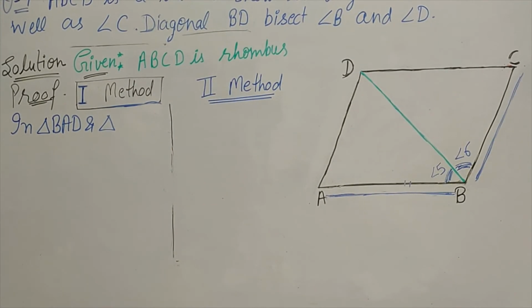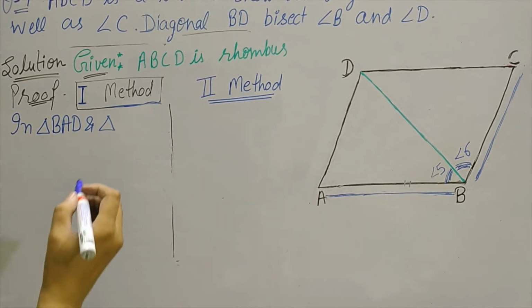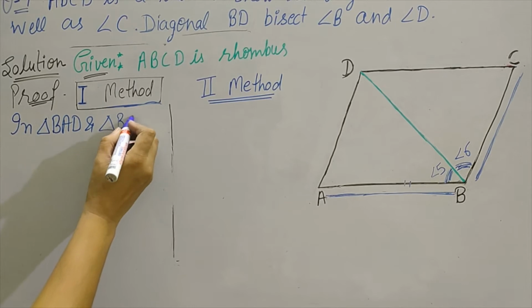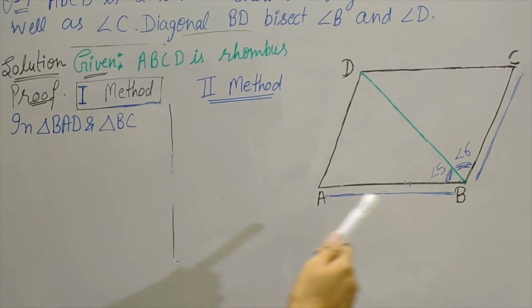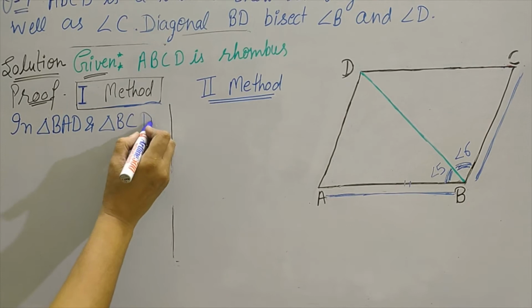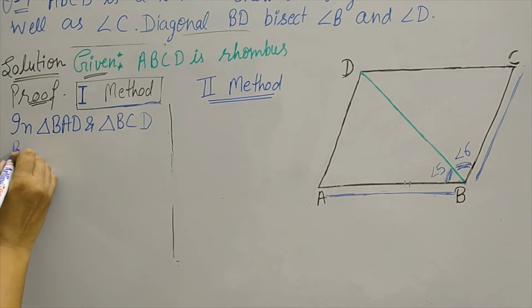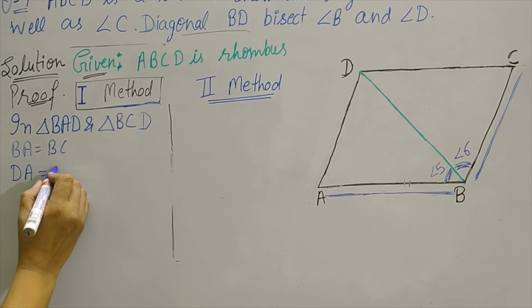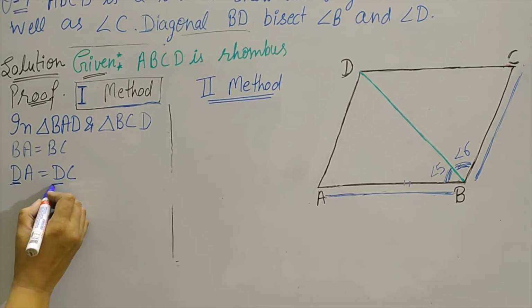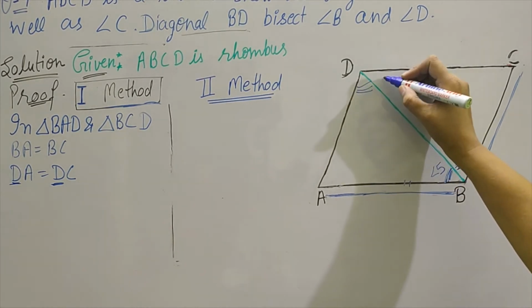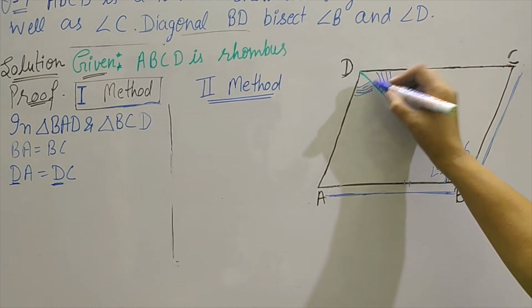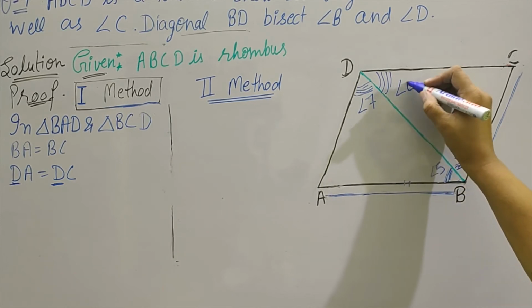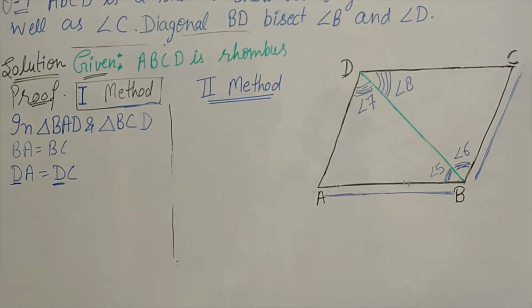As ABCD is a rhombus, so all sides are equal. We can write any pair. So purposely we will write BA and BC corresponding to each other. So write the name of the triangle in the same pattern, BAD and BCD. So that you can write BA is equal to BC, okay, and second side DA is equal to DC, so that D can correspond to D. Point D can correspond to point D. And by CPCT, then we will be able to write angle 7 is equal to angle 8.